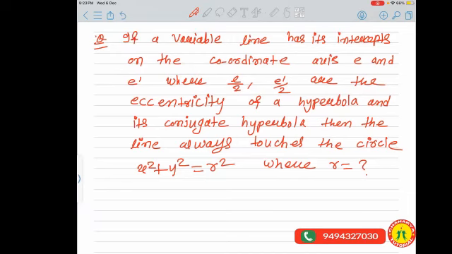It means जो line है वो सर्कल को टच कर रहा है. So आपको r का वैल्यू पूछा गया है. We need to find the r value. Try to do. It's a very good question.